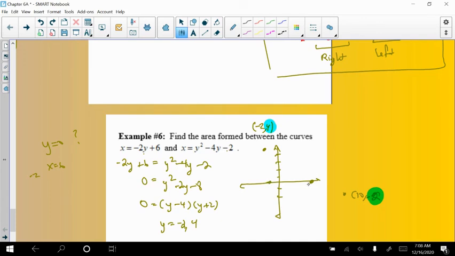So that tells me that the parabola must be going in this direction, where the line is going in this direction. So again, picking that one data point to help me figure out which one was farther to the right. Because now when I measure this, the right side to the left, I know which curve is on the right. It's the linear function.